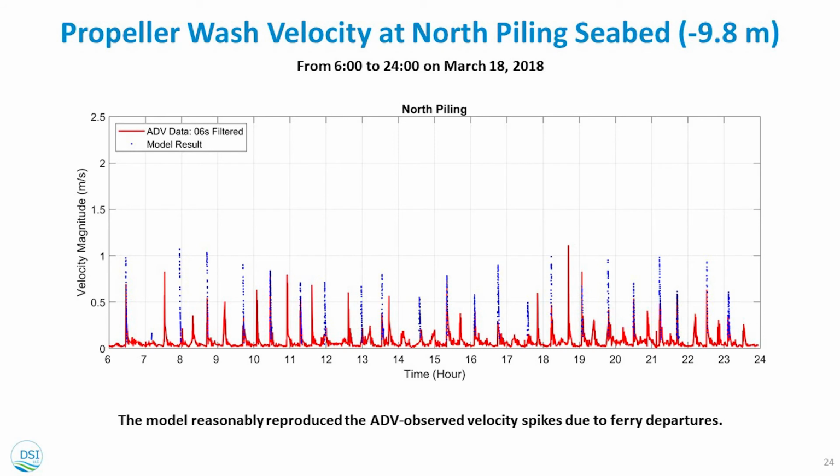This slide shows the measured ADV 6-second low-pass filter data as the red line and the predicted velocities as the blue dots. There's generally good correspondence between the timing of the velocity peaks.